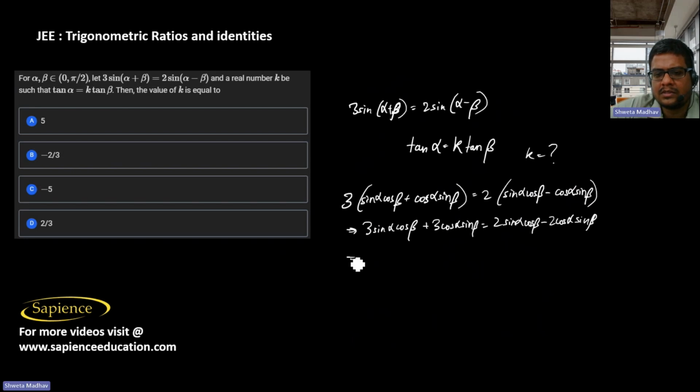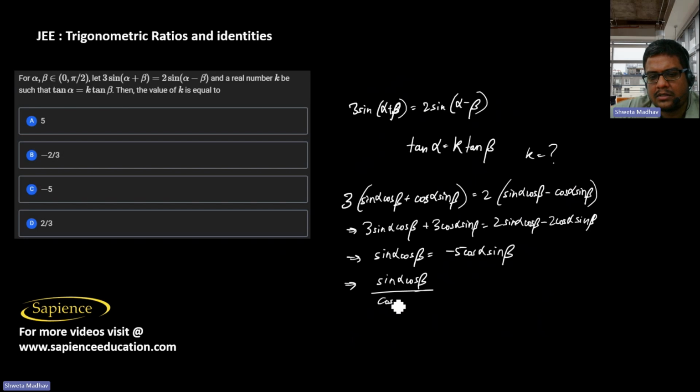So now I can take this to the left hand side, so I will get sine alpha cos beta equal to minus 5 cos alpha sine beta. Now if we divide both sides by cos alpha cos beta, we get sine alpha cos beta by cos alpha cos beta equal to minus 5 cos alpha sine beta by cos alpha cos beta.